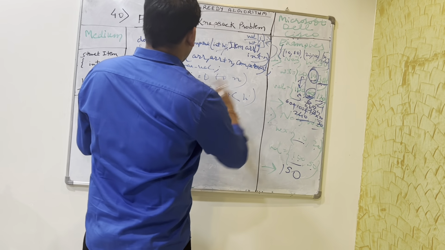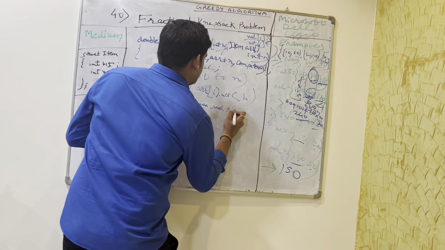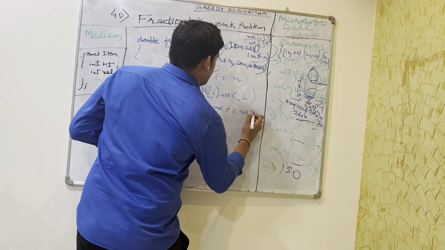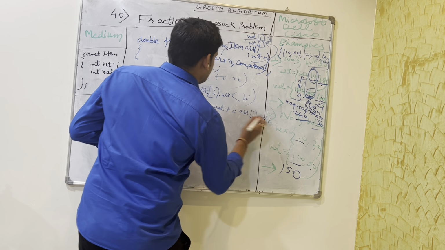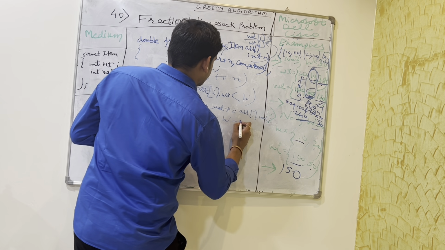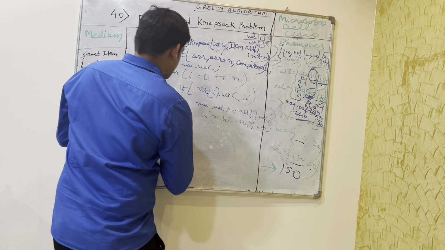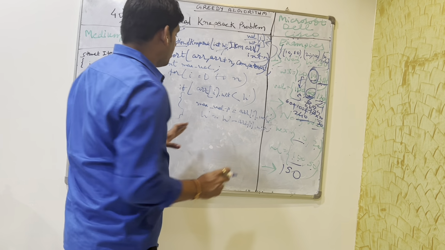Weight is less than w, we will just add the value, right? Max value plus equal to array i dot value, and we will subtract the weight. We have taken this, w is equal to w minus array i dot weight. Got it?